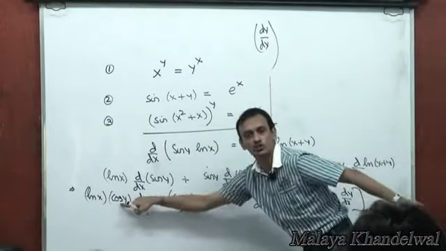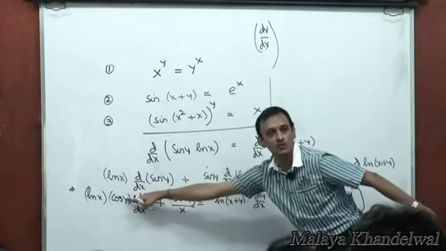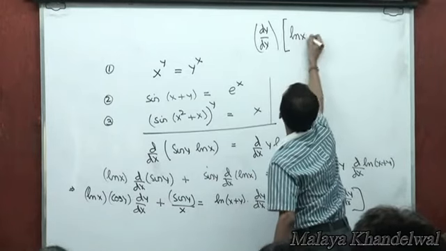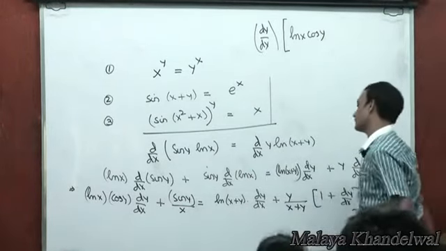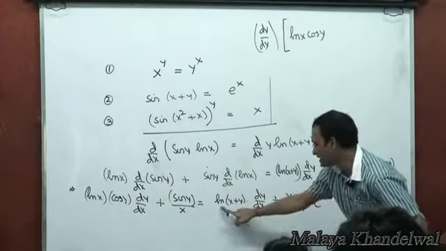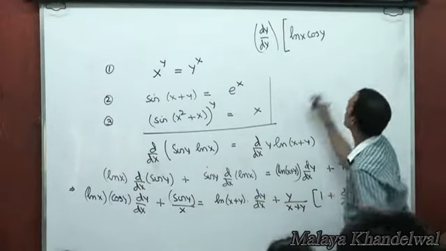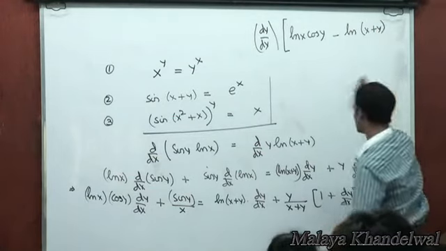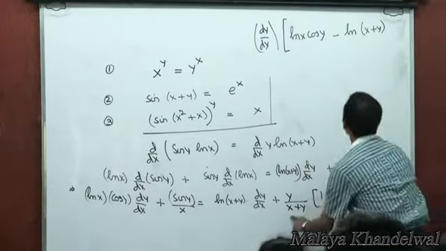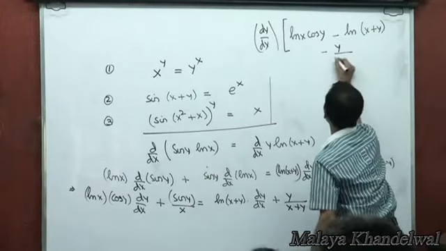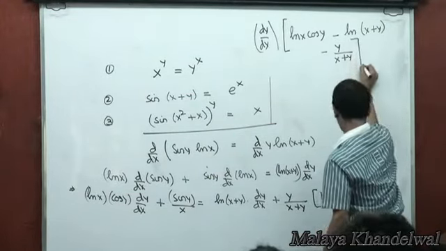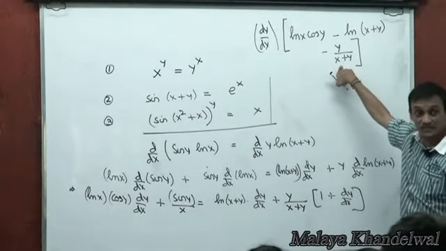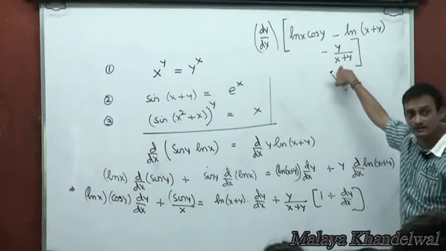This term, ln x cos y, minus ln of (x plus y), minus y by (x plus y). See, this dy/dx into this, when transposed on this side, gives me this. This is what I arrive at on one side.